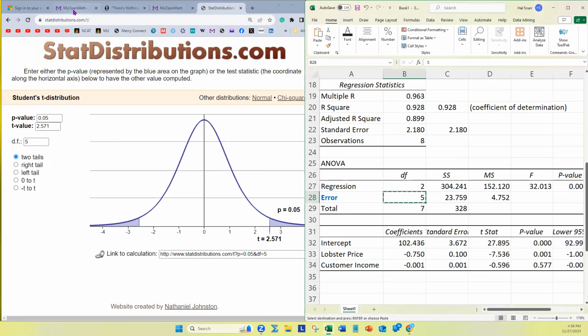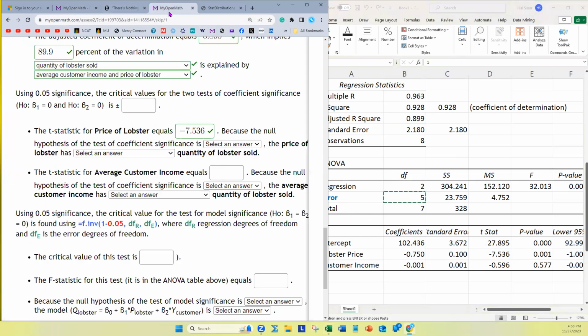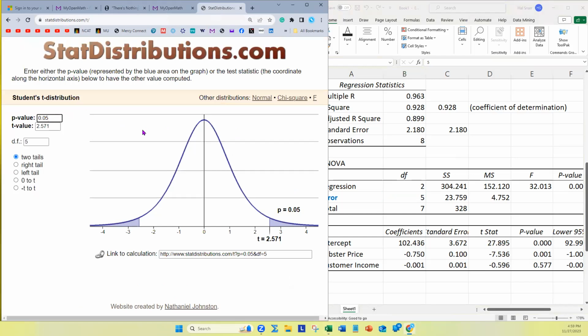And my significance level is 0.05, right? That should be 0.05 there. This blue shaded area is the significance, right? Half of significance is to the right of this value.